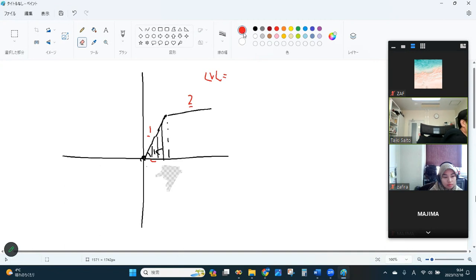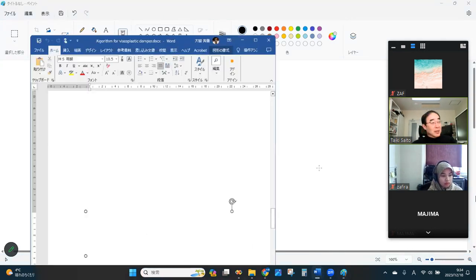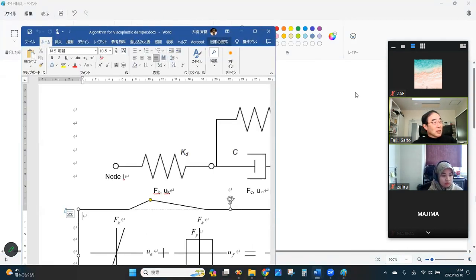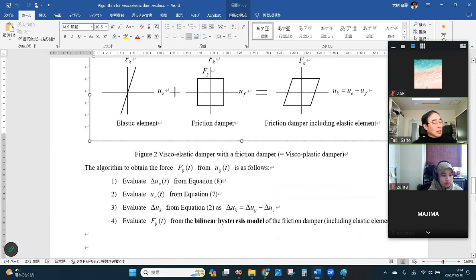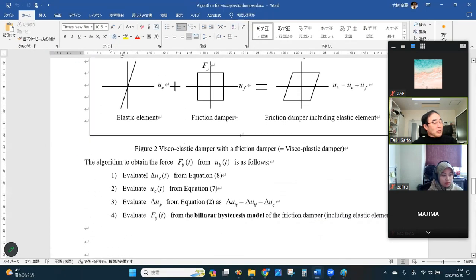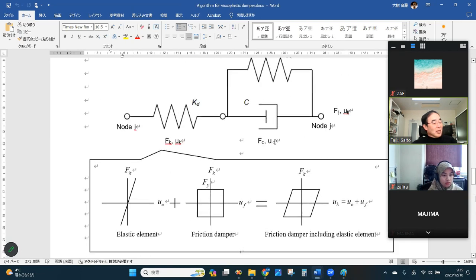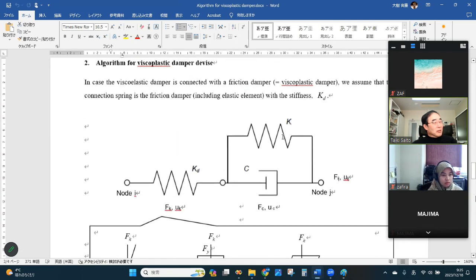So, this is UK. Okay? So what you need is delta UK. So when you look at this document, you will get the increment of damper, this UC, from equation 8.